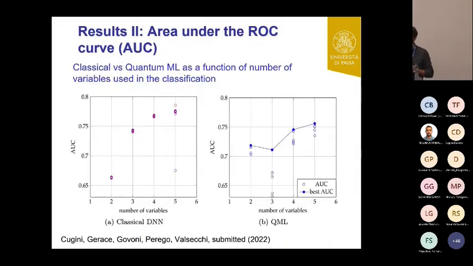But this is not so interesting per se. What is interesting is to see how they behave as a function, for example, of the number of variables used during the training procedure. We see that the classical deep neural network approach, of course, increases its performance, which is the area under this receiver operating characteristic curve, when the number of variables increases.